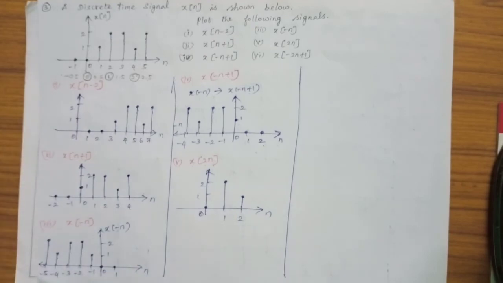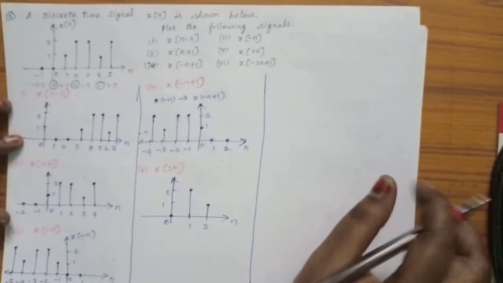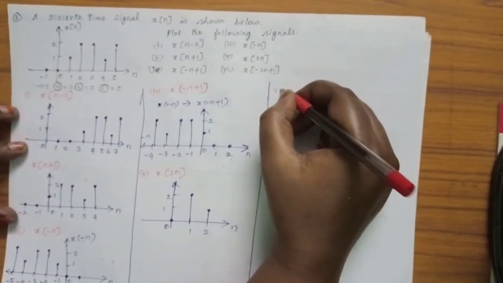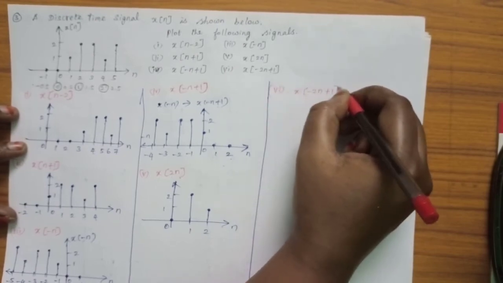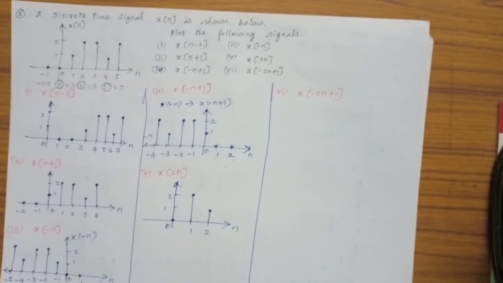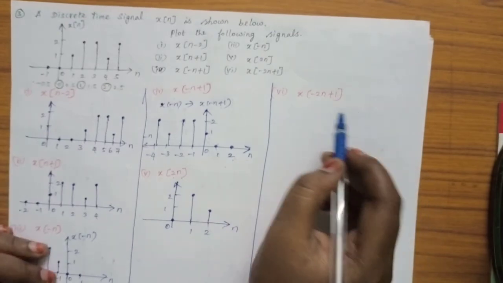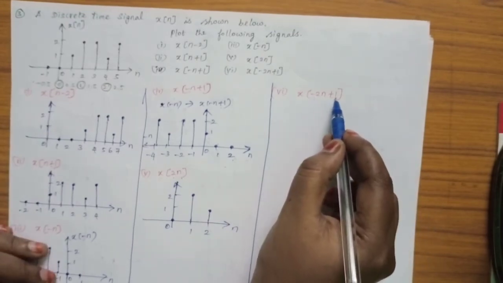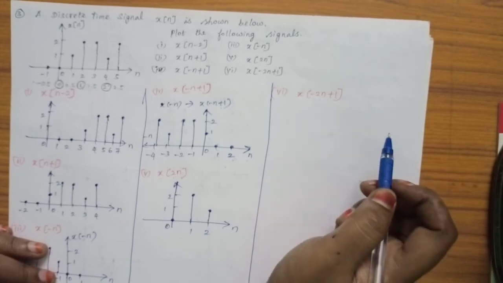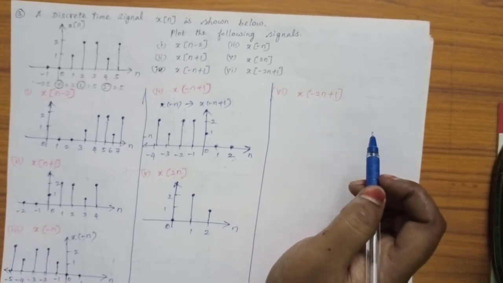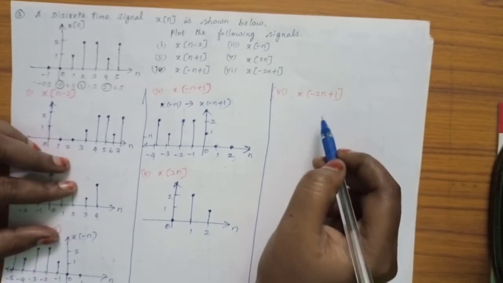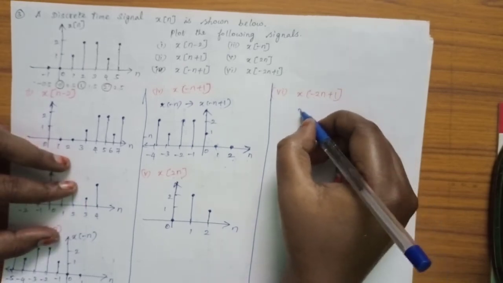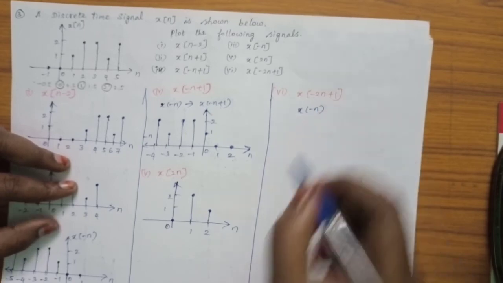So next we will see x of minus 2n plus 1. In this case we have time reversal, time shifting and time scaling operations. If we follow the priority, first we have to do the time reversal operation, that is x of minus n.